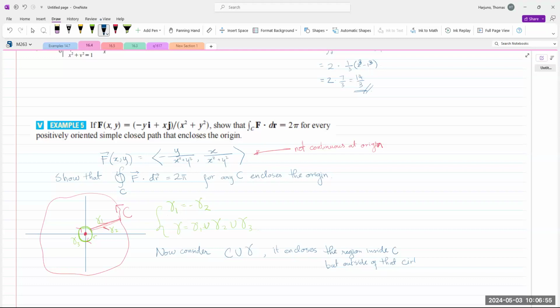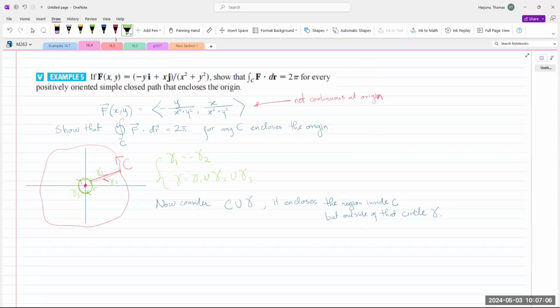Circle that is enclosed by gamma. Okay, now if you look at that region, let me mark the region.